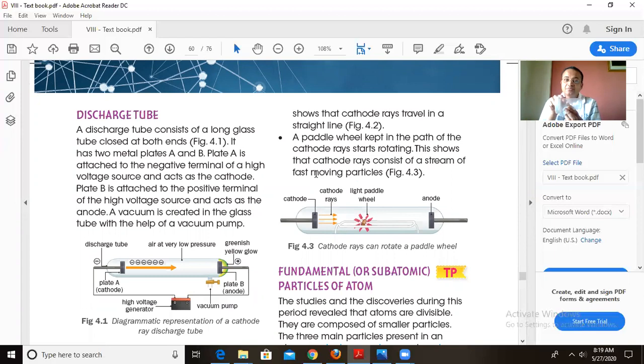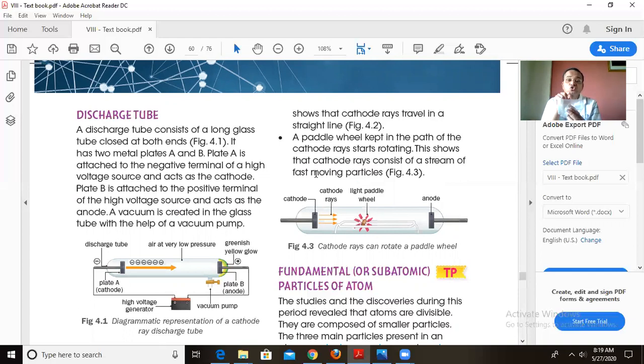Is that clear? And the second observation: if a paddle wheel is placed, which can move very easily and can be made of paper, what will happen when the cathode rays fall on this wheel? You can call it a paddle wheel or a paper wheel, very light in weight. When the cathode rays travel from here, they will fall on the paddle wheel and it will start rotating.